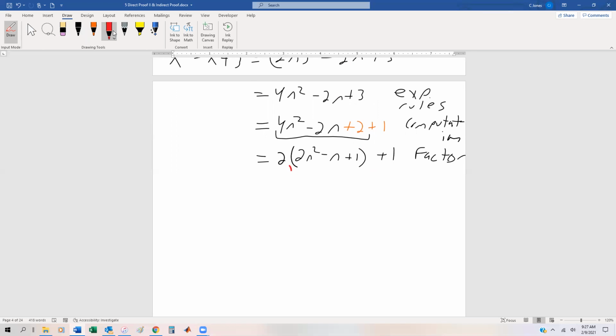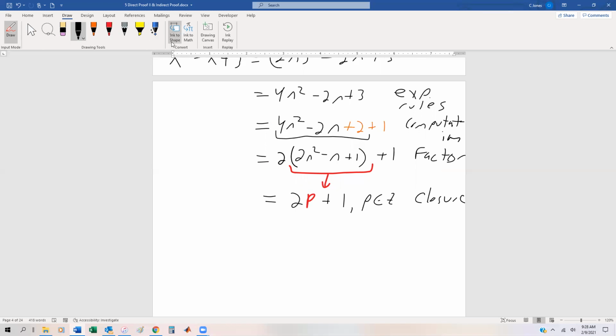And remember our integer closure. So right here, we can just call that p. Okay, so we're going to say that's equal to 2p plus 1, where p is an element of the integers. Okay, and that's by closure. Right.